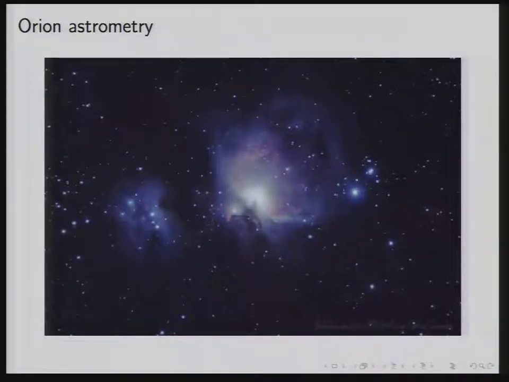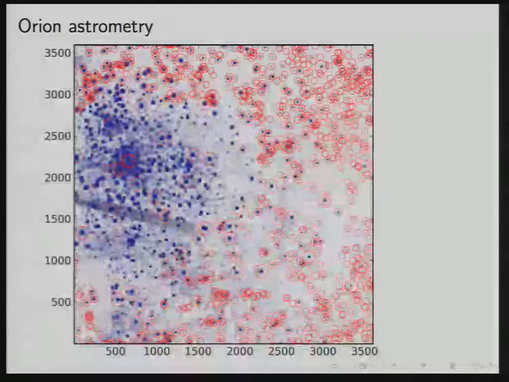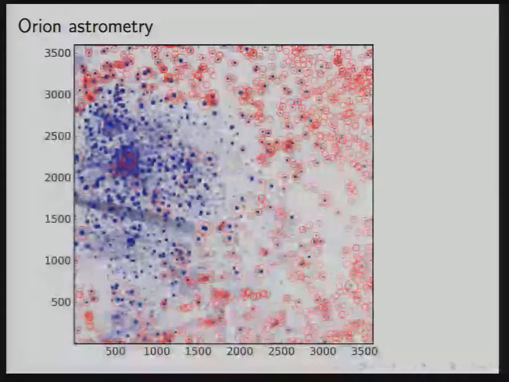Astronomers are worried about running their software in here because their assumptions that it'll be a bright point on a black background fail. So the assumptions of the detection system kind of fail here. But it's nonetheless the case that the professional astronomers do not have a good catalog of stars in this region.